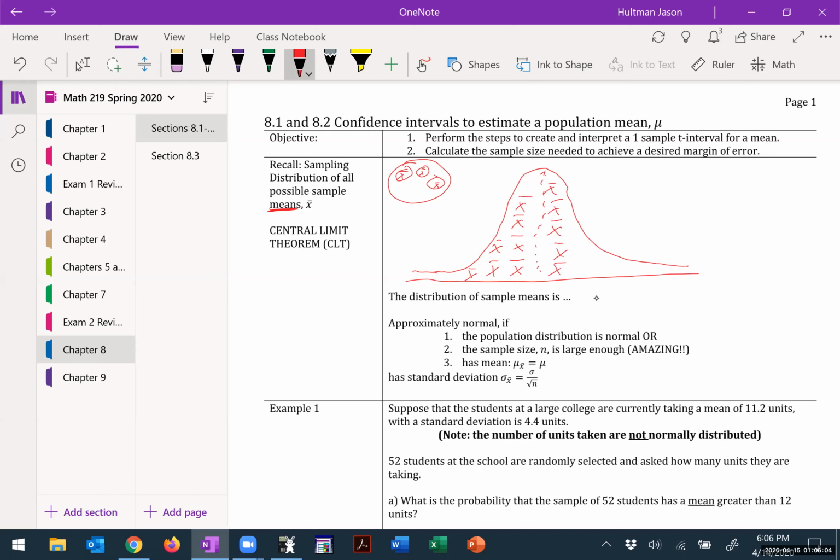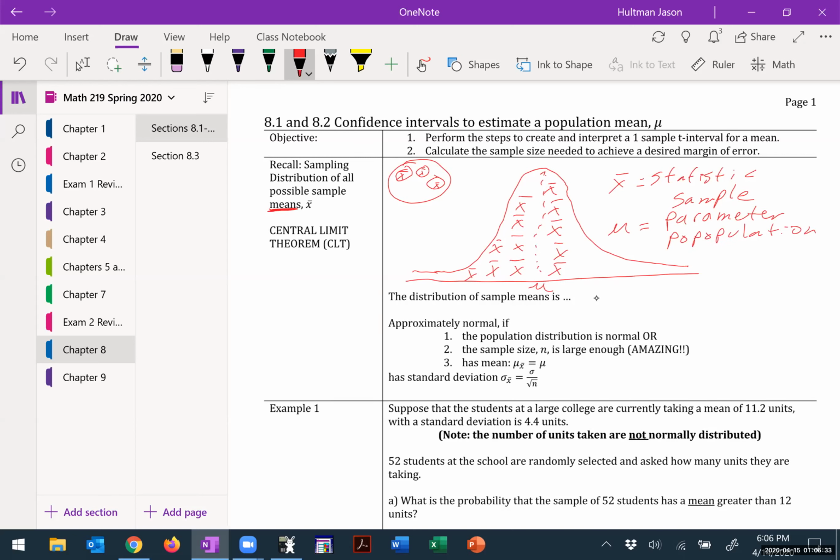Most of the sample means are going to have the same characteristic as the population mean. Remember, X bar is the statistic, the sample mean, and mu is the parameter, the population mean.